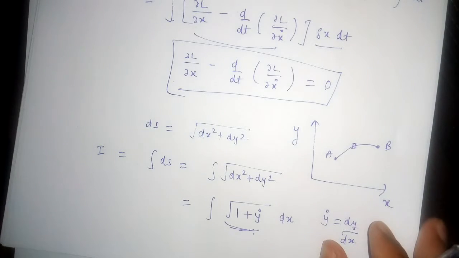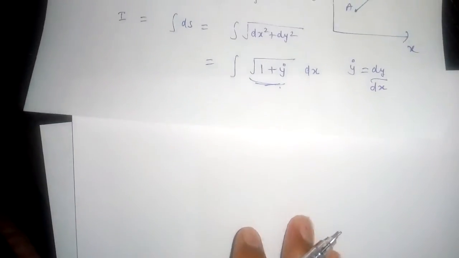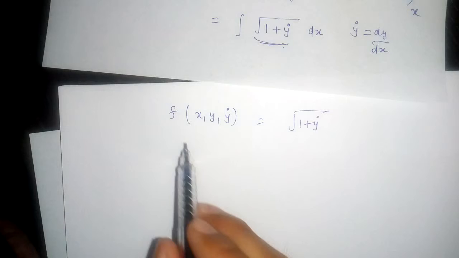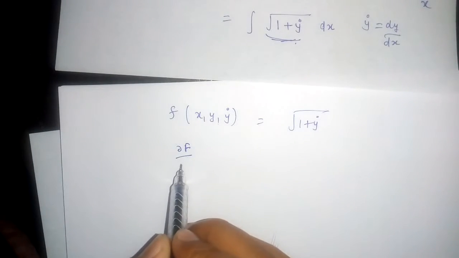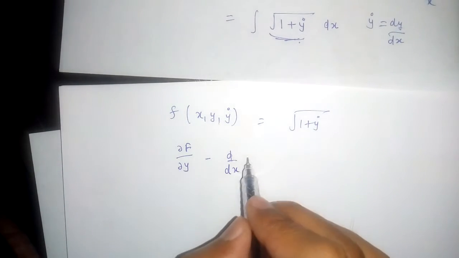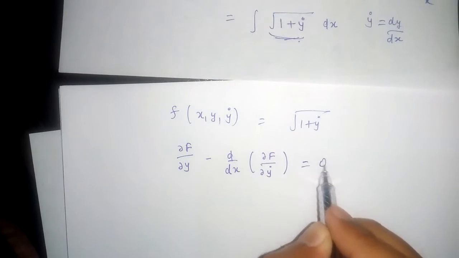Just like we did in the case of the Lagrangian, a function f(x, y, y dot) will be the square root of 1 plus y dot square. Just like the Lagrangian, the equation of motion will be delta f upon delta y minus d/dx of delta f upon delta y dot equal to 0.